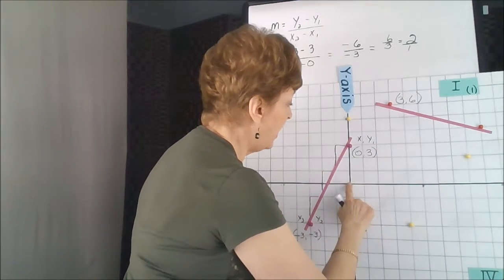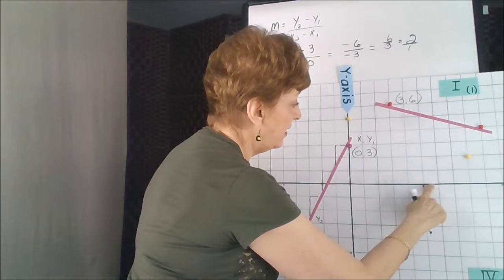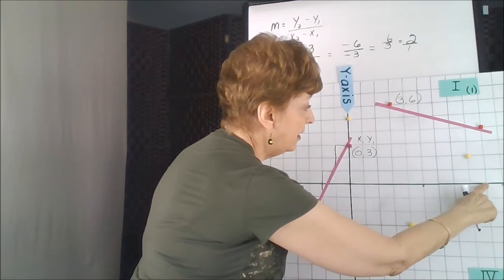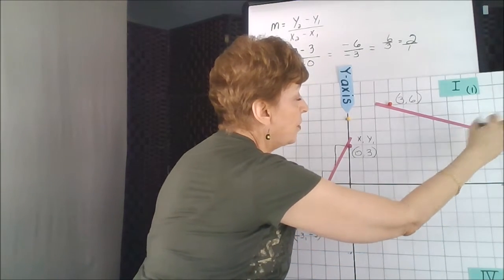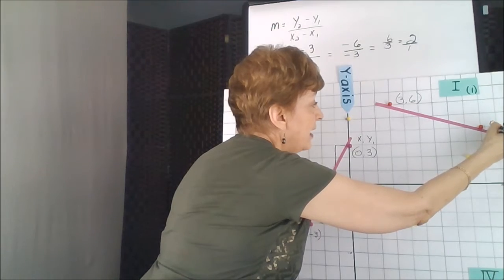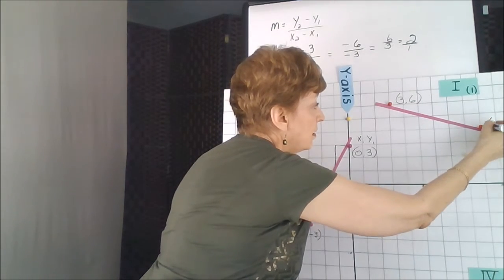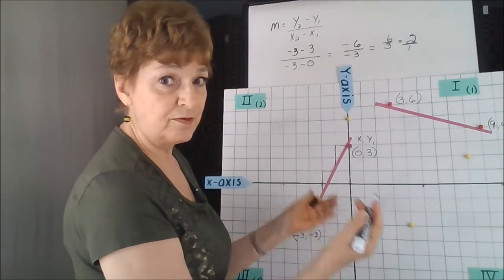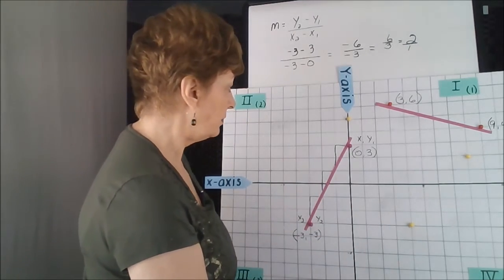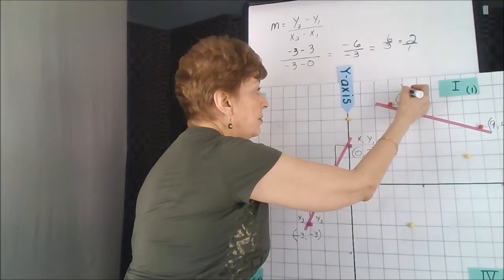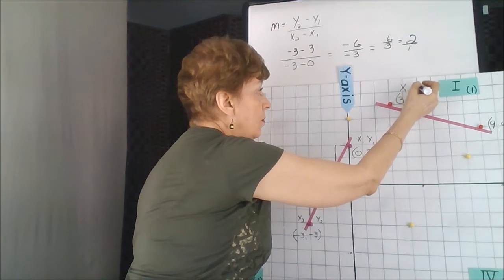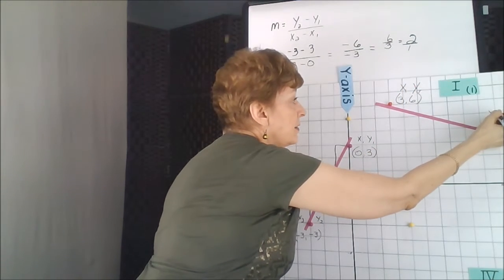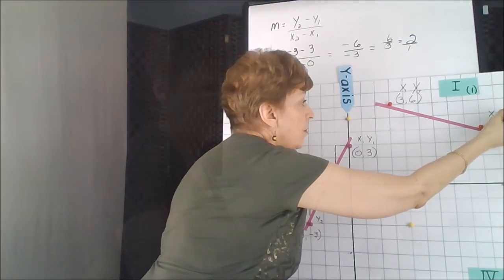This point is at 1, 2, 3, 4, 5, 6, 7, 8, 9, and 1, 2, 3, 4. So this is positive 9 and 4. We have to decide which point is our first and our second, so that we could do x1, y1, and x2 and y2.